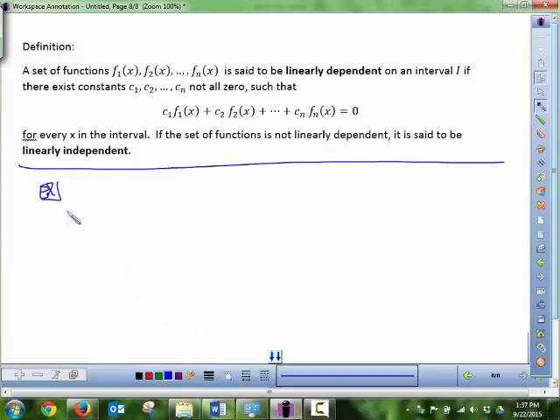Let's let f of x, well, I'm going to use y. y1 is equal to x squared, y2 is equal to x, and y3 is equal to 2x squared minus 3x.